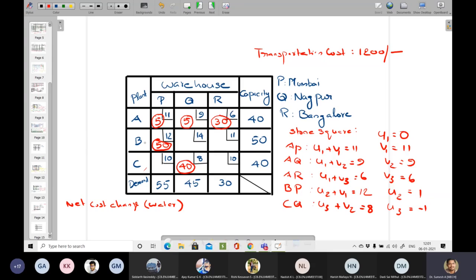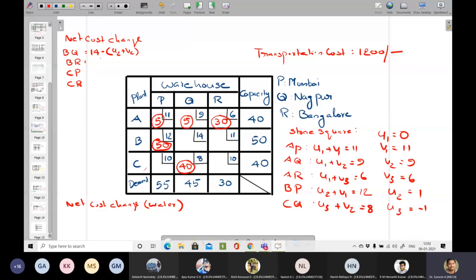Okay, the net cost change we will have for BQ, BR, CP, and CR. BQ is 14 minus (U2 plus V2).